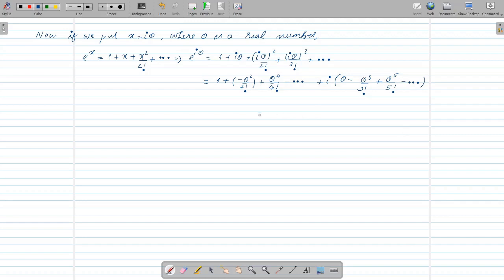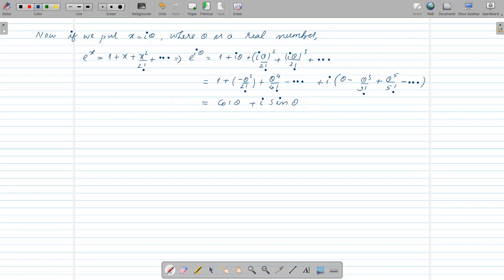So that can be written as cos theta plus i times sine theta, because we know what cos theta is for a real value theta and what sine theta is for a real value theta. So for real numbers this is defined, this is the cos theta and this is sine theta.